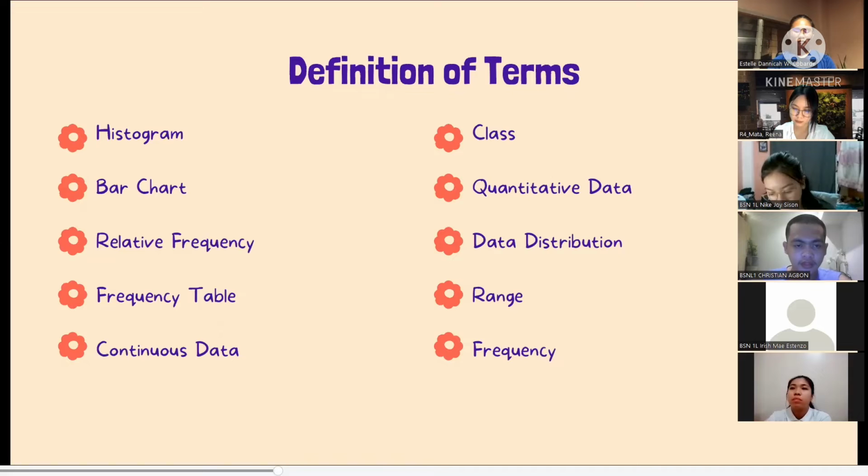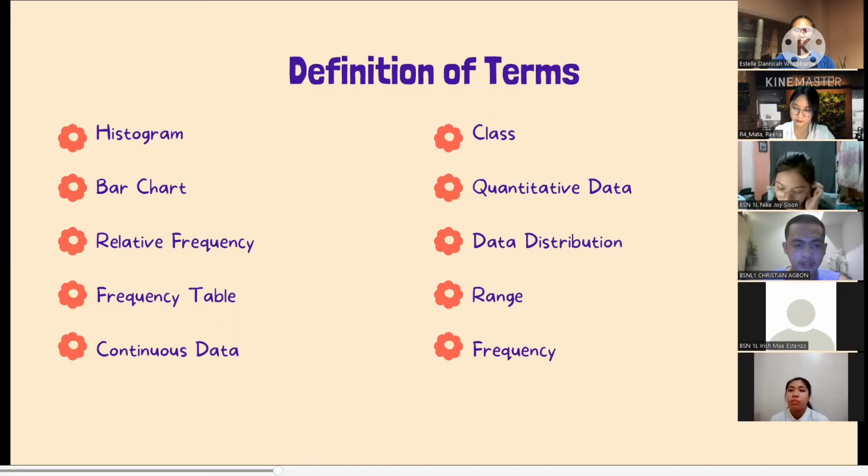Quantitative data are measures of values or counts expressed as numbers. Data distribution is the function listing which shows all the possible values or intervals of the data.